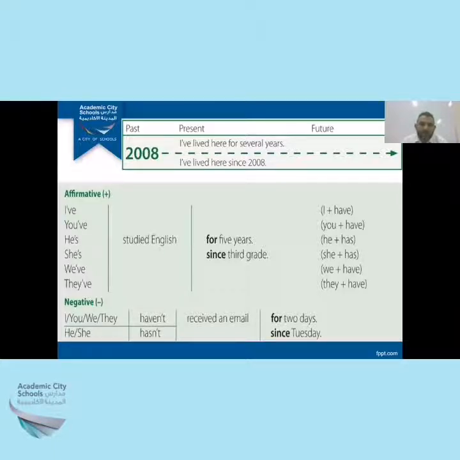Negative form: I, you, we, they haven't received an email. He, she hasn't received an email. Just add not after have or has to form the negative.